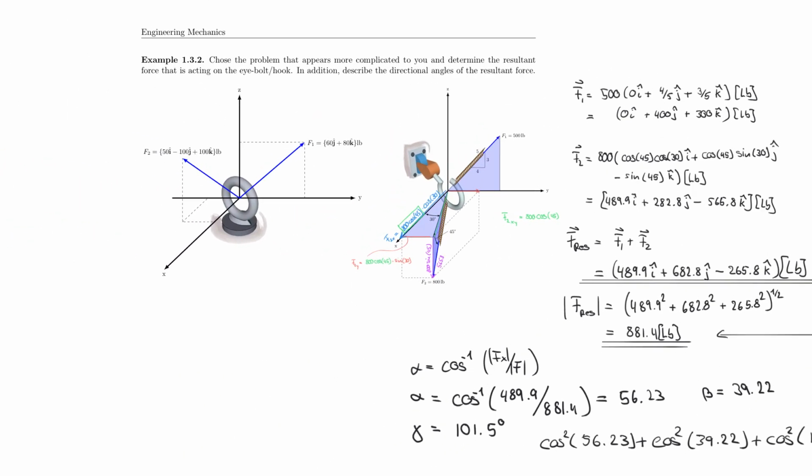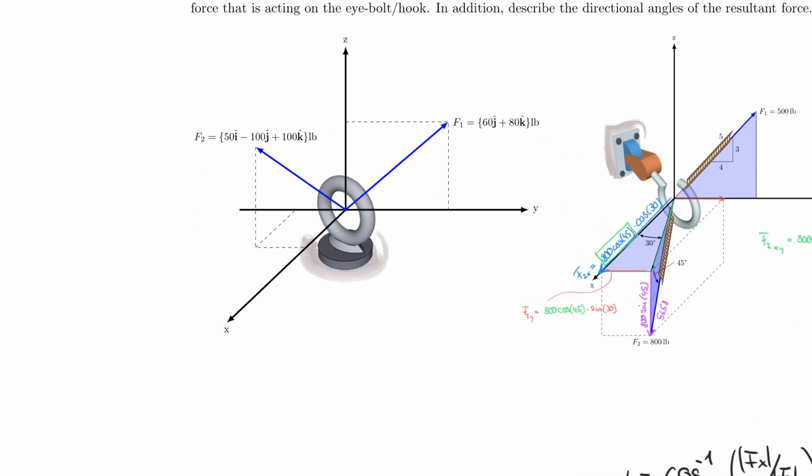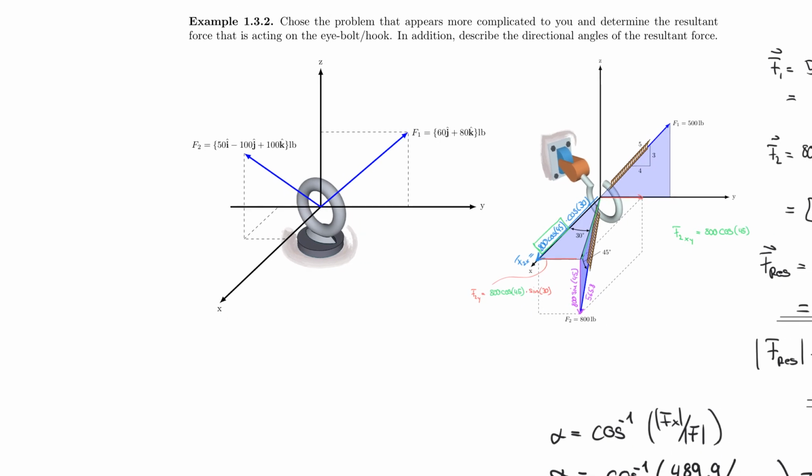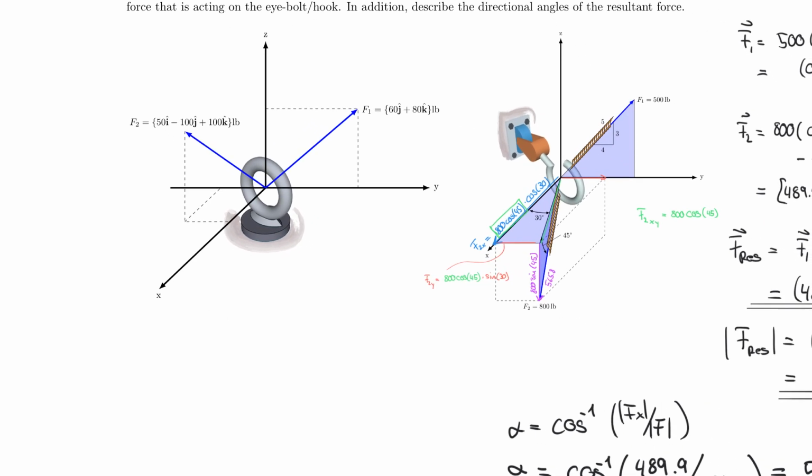Let's take a look real quick at this problem here because it's so much fun, and this one actually is easy. But let's, for completeness reasons, do that as well. So for example, here we need to have F1 plus F2, which is the F resultant. This is not different from the other one, except that now it's given to us.